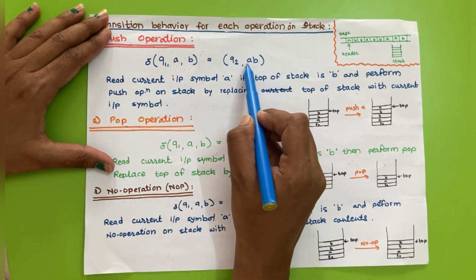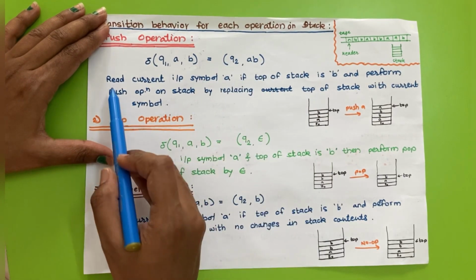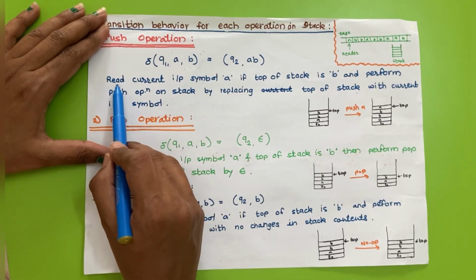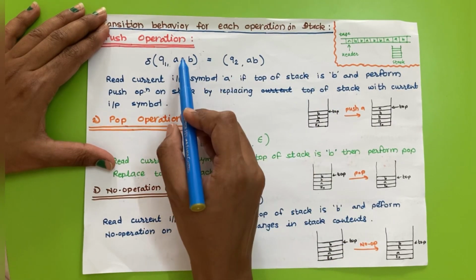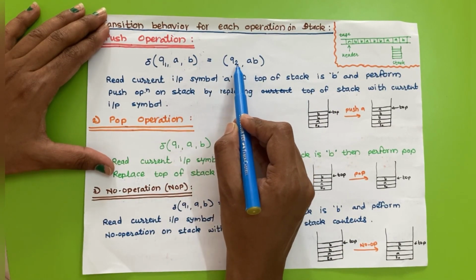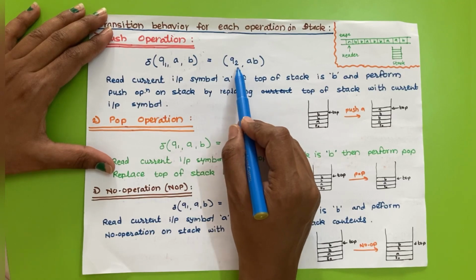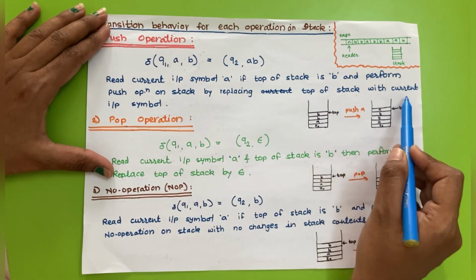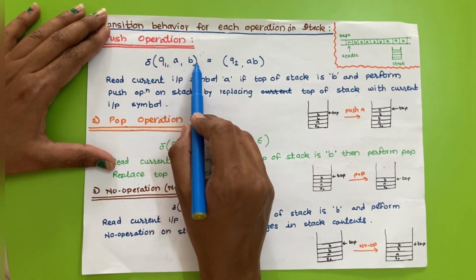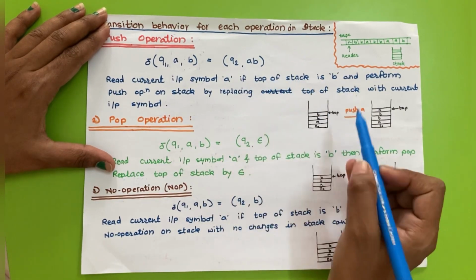The second symbol will represent the current to topmost contents of the stack. So the meaning of this whole transition is: read the current input symbol a, and if the top of stack is b, and if you want to perform push operation, then that will be written as ab. So in the output pair this will be written as q2 comma ab, performing push operation on stack by replacing top of the stack with current input symbol. Now the current input symbol will be added on the top, because previous top was b, and now a will be pushed onto stack, so this will represent the current top.